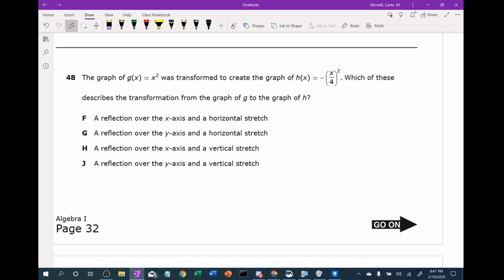Let me explain what this is trying to tell us. Everything in the graph was divided by 4. See that? X over 4. That's called a horizontal stretch. Okay. Why is it called that?